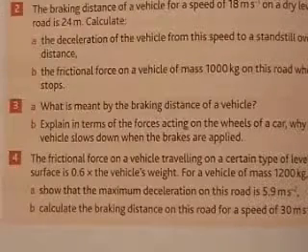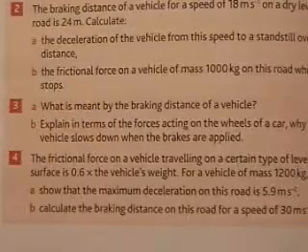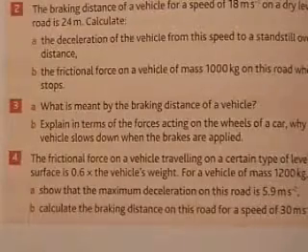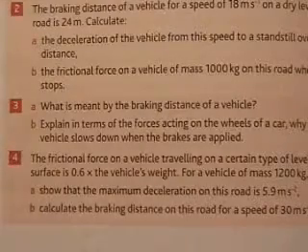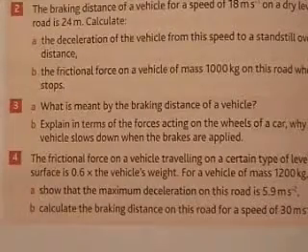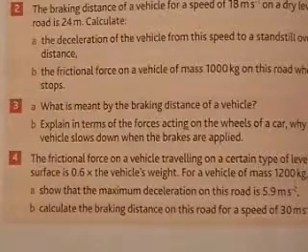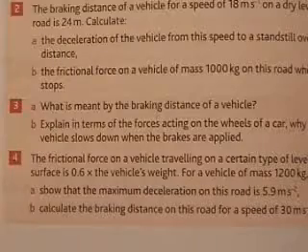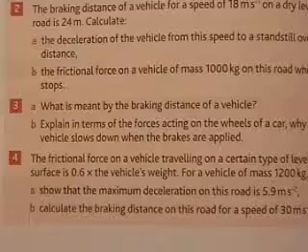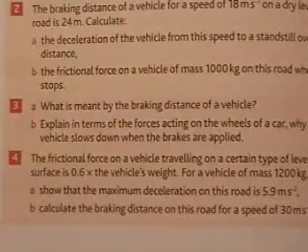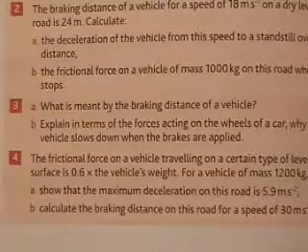So the first part of the question is to find the maximum deceleration of the vehicle. In other words, what's the biggest acceleration? And we know it's going to have a negative sign because it's slowing down. So it tells us the mass of the vehicle, so we're able to calculate the weight of the vehicle using the information given at the top of the page. If we know the weight, we know that the maximum frictional force will be 0.6 times the weight of the vehicle, because that's what the question says.